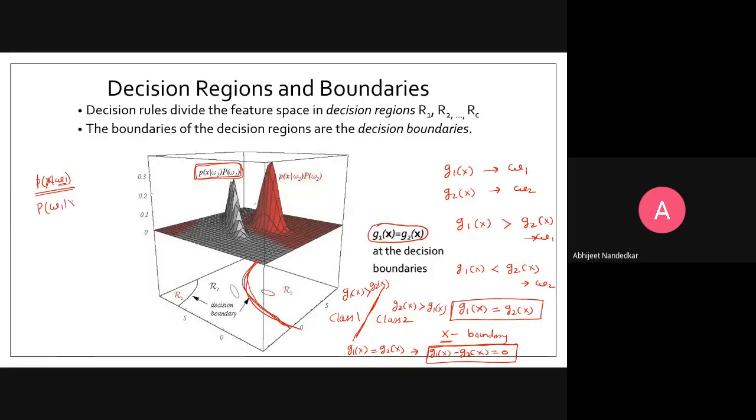Probability of omega 1 given X is the chance that X belongs to omega 1. This is my prediction. When I write probability of omega 2 given X, it is the chance that X belongs to omega 2. And probability of omega 1 is the prior of my class, or previous knowledge about my class, and probability of omega 2 is the previous knowledge about the class omega 2.